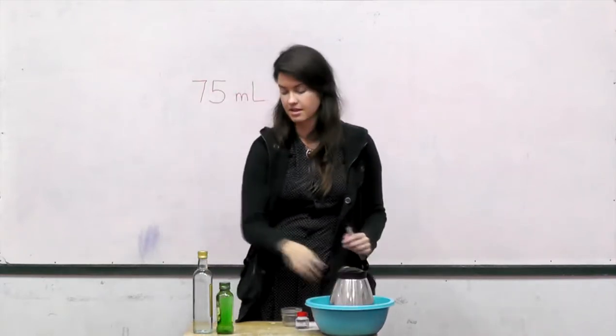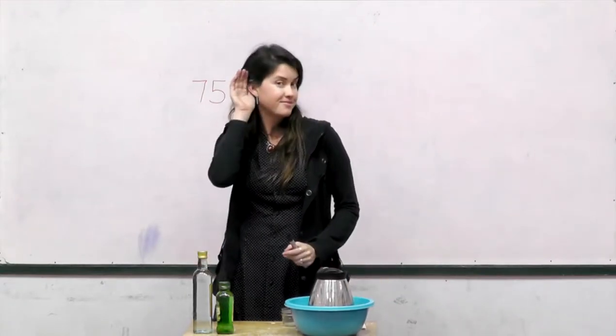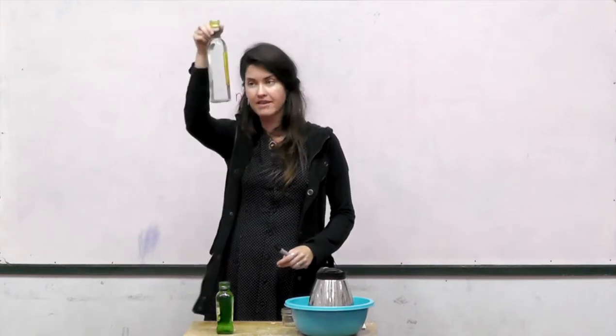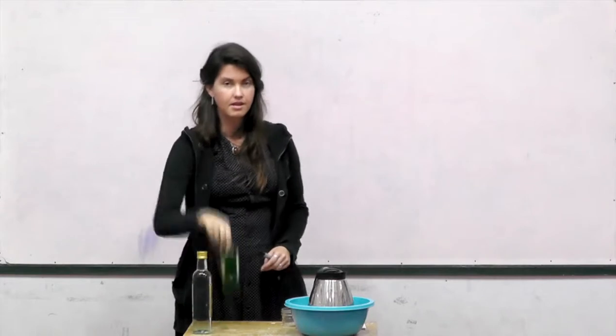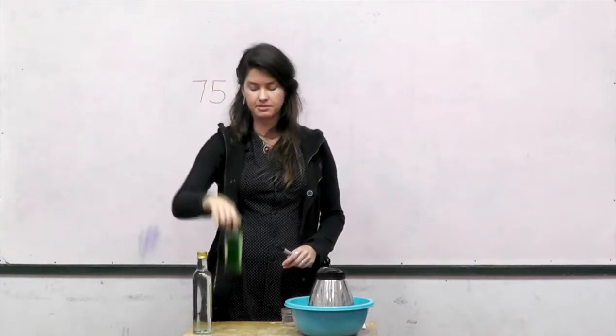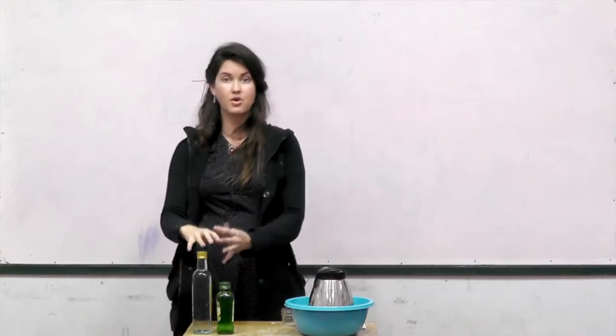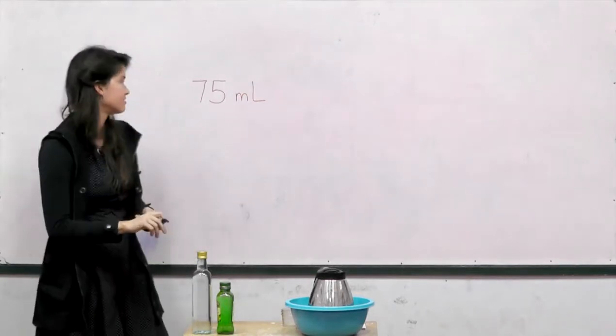What is the total volume of the 2 bottles? I have 75 milliliters in this bottle. I have 43 milliliters in this bottle. What is the total volume of the 2 bottles?